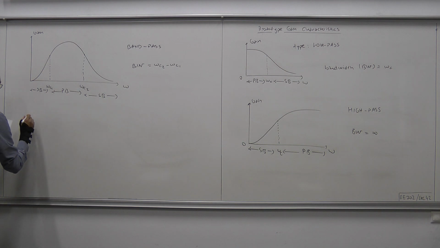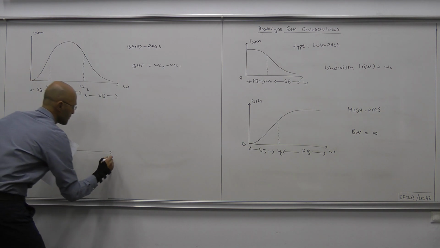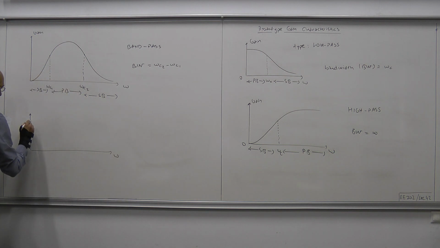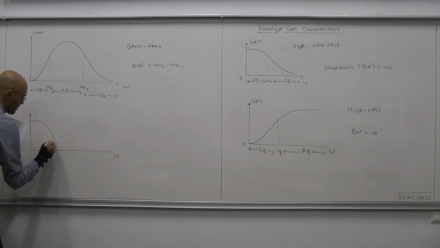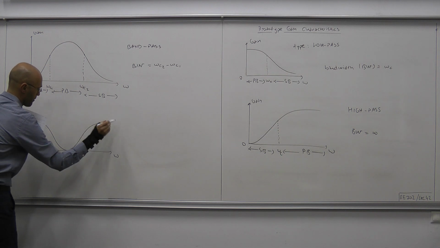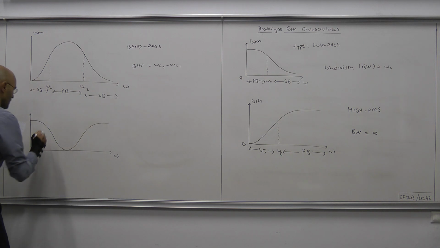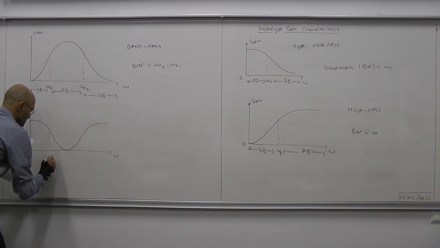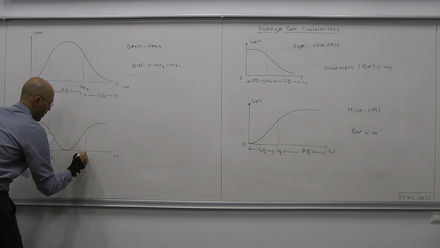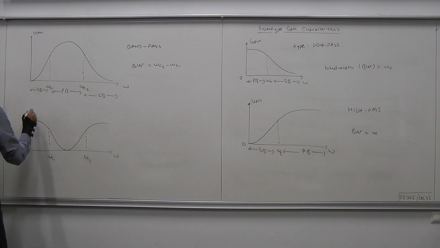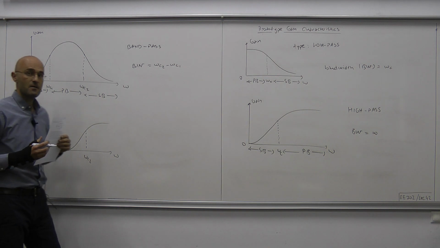And finally, we have, in a sense, the reverse shape. Okay, something like that. Omega c1, omega c2. This is our gain plot.